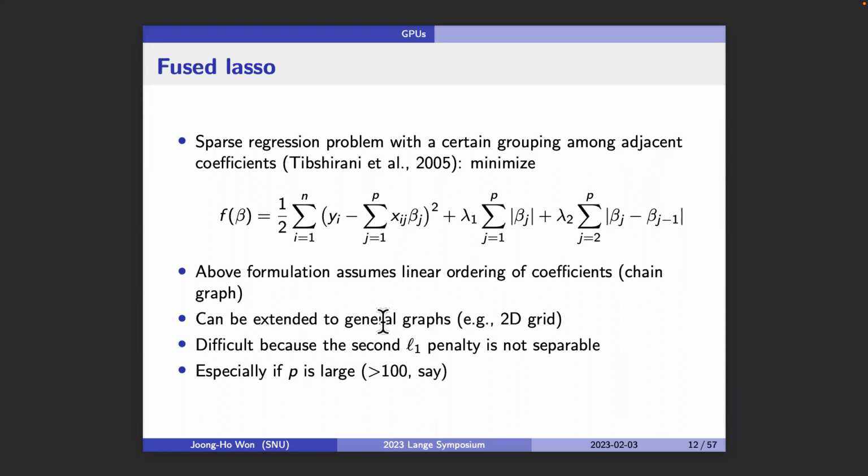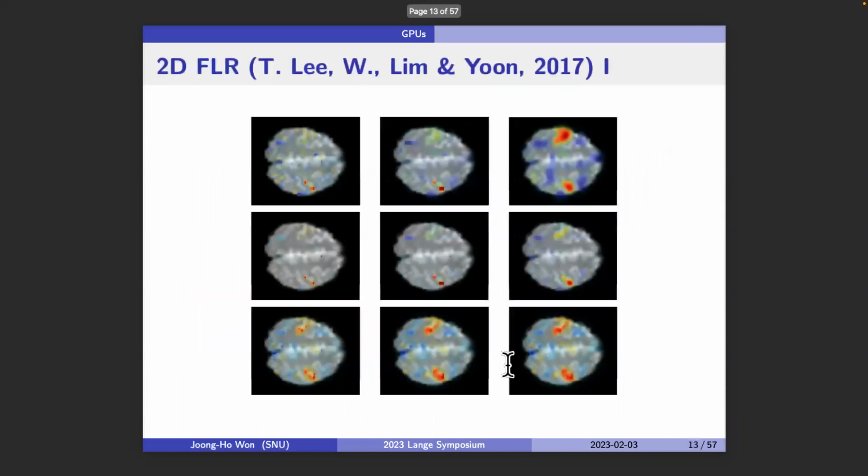And that can be generalized to more general graphs, like a 2-dimensional grid, which has some applications in imaging. And it is a difficult problem because this second penalty, the L1 penalty, is not separable in the optimization variables. So it's an interesting optimization problem as well, especially when the dimension is large, say greater than 100.